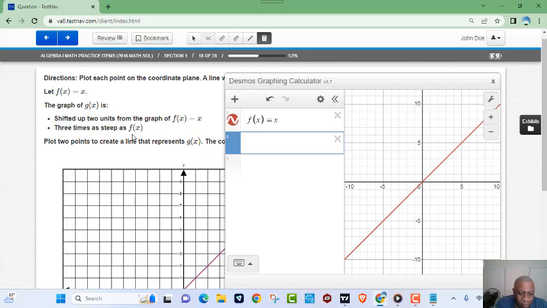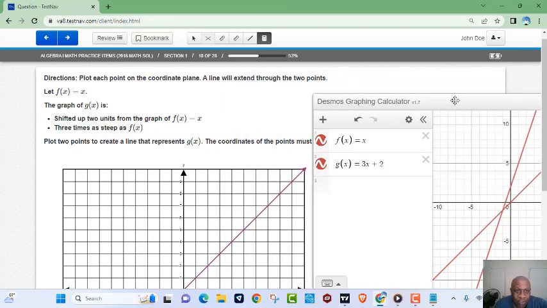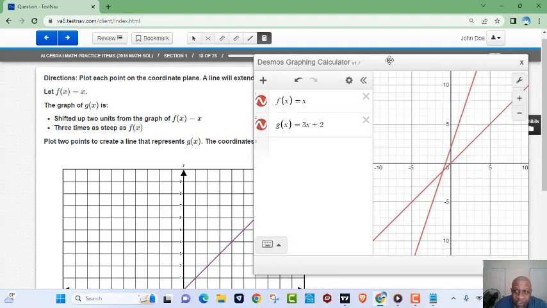So we'll take g of x equals 3x for 3 times as steep, and then shift it up 2 units, plus 2. So 3x plus 2 is the equation for that. Then it says to plot 2 points to create a line that represents g of x. The coordinates must be integers.